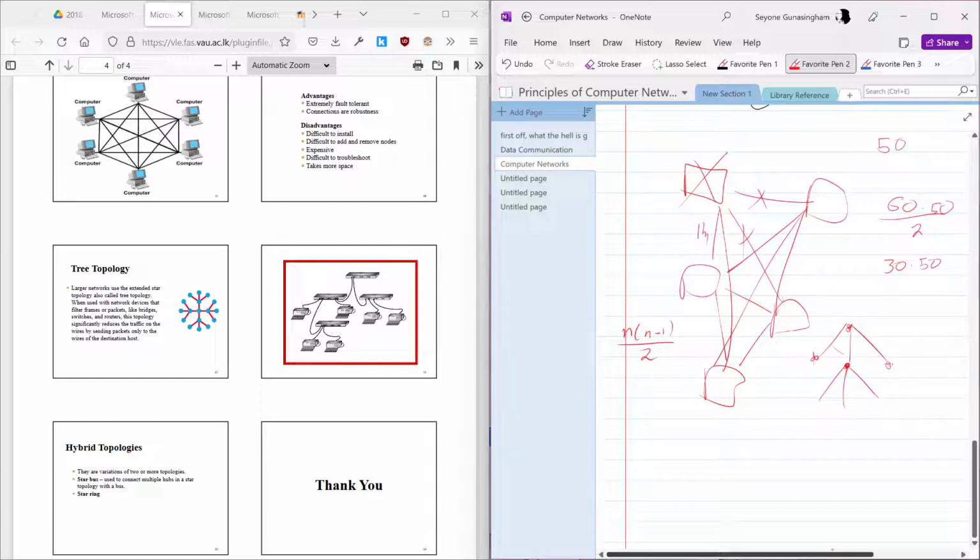If a node dies, everything below it dies, but these are fine. That's a type of hybrid. And then you could have a mesh connected to a star or a ring. Hybrid basically means you take one of those four basics and hook them up together, boom, there it is.